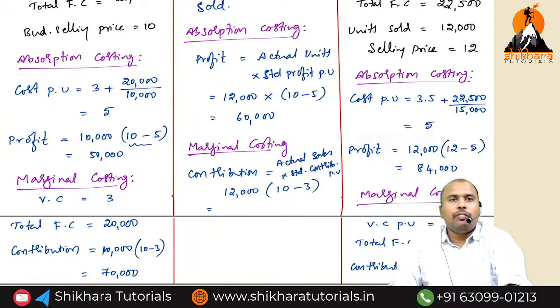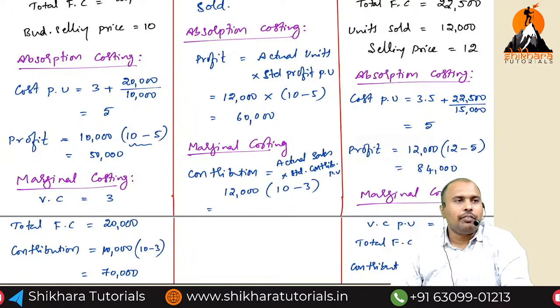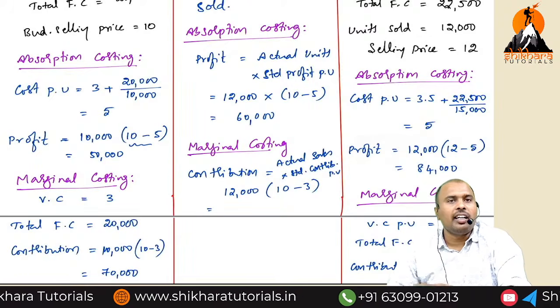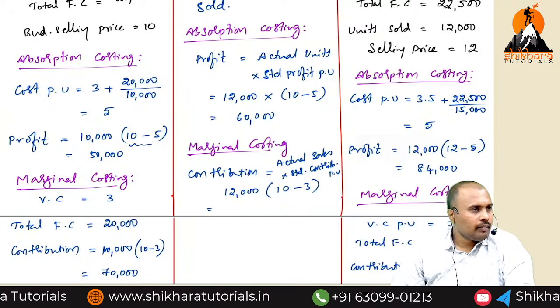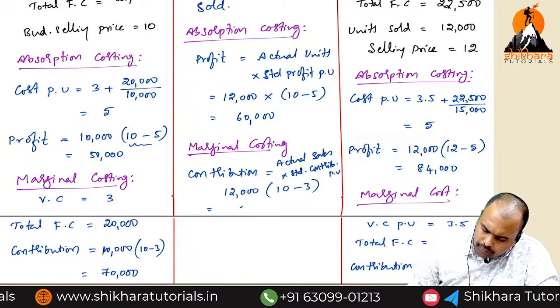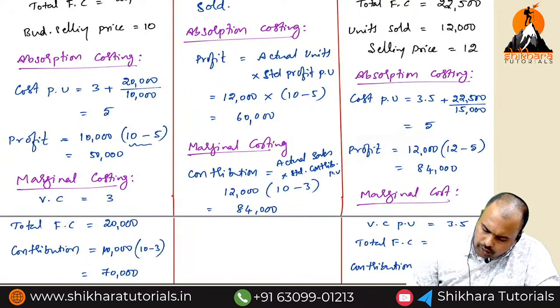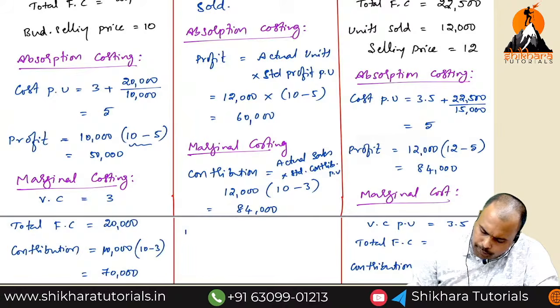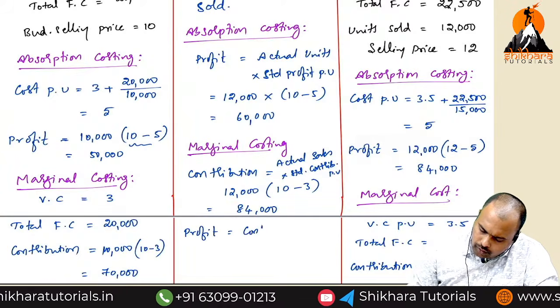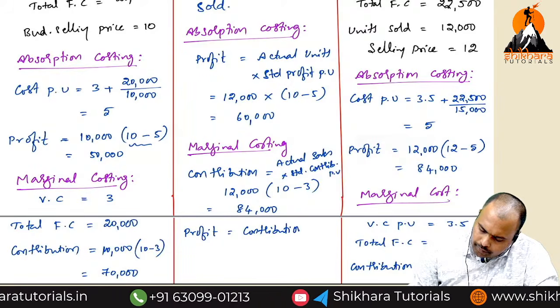Because standards are always per unit, we take them from budgets; units we take from quantity, from actuals. Clear? Okay. So that is 84,000. Next, what is profit now? Contribution minus fixed cost.